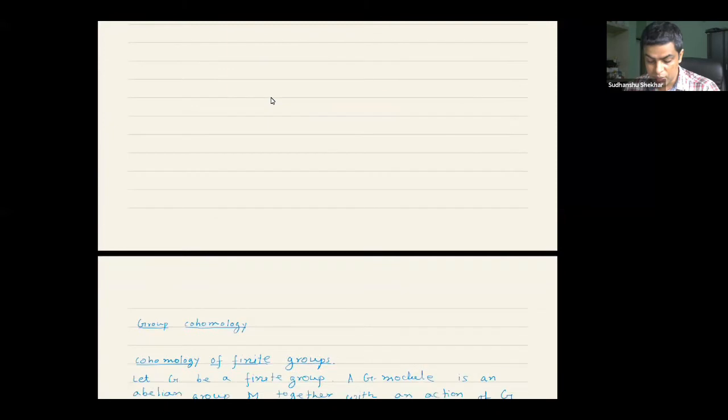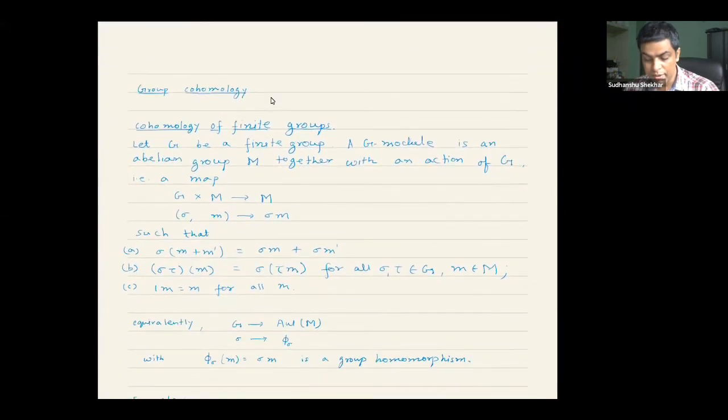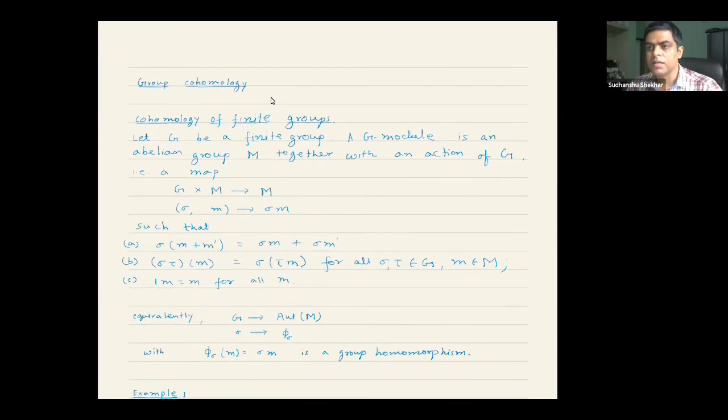So let us begin with the definition and basics of group cohomology. These are the key ingredients in the definition of the Selmer group. So we begin with the cohomology of finite groups.